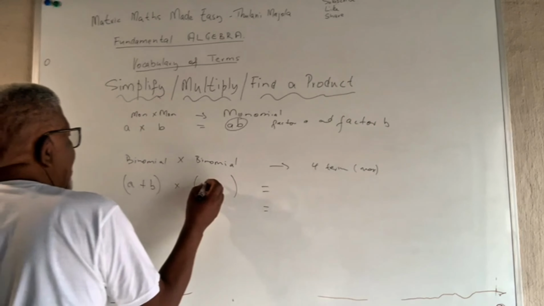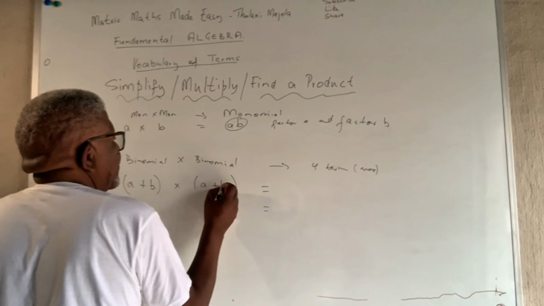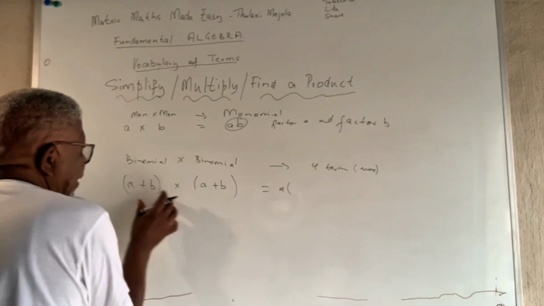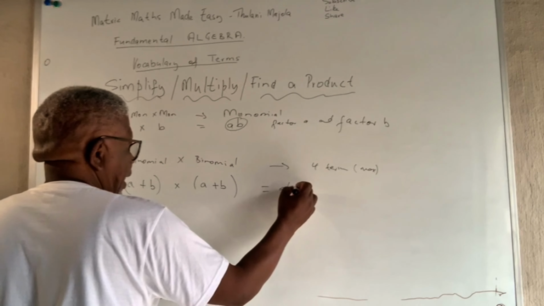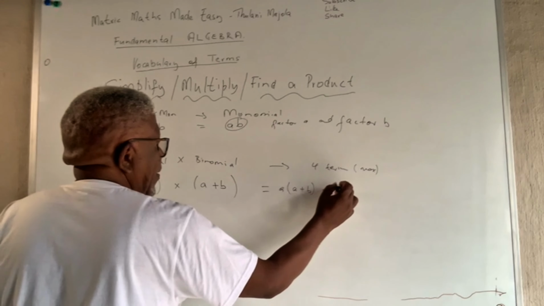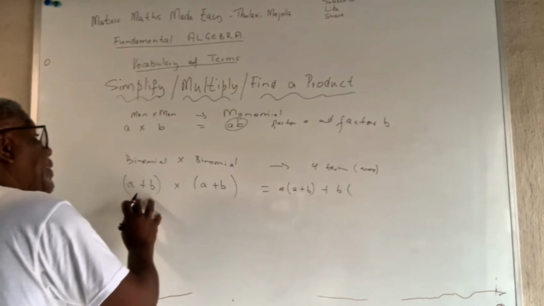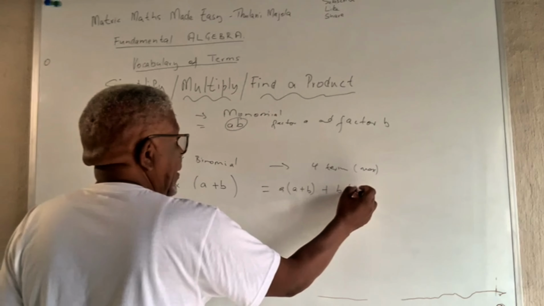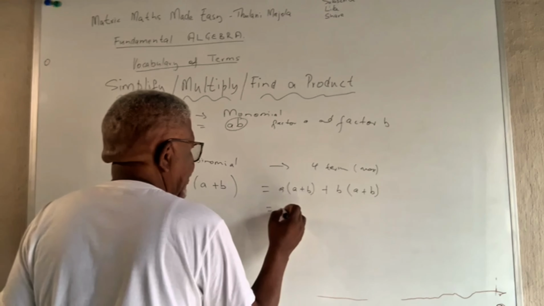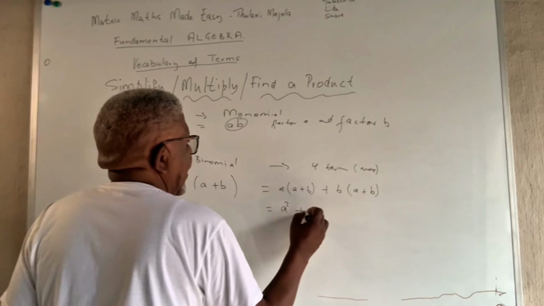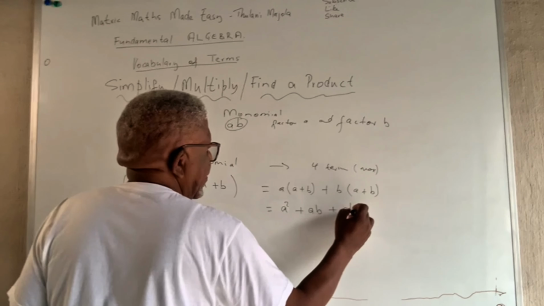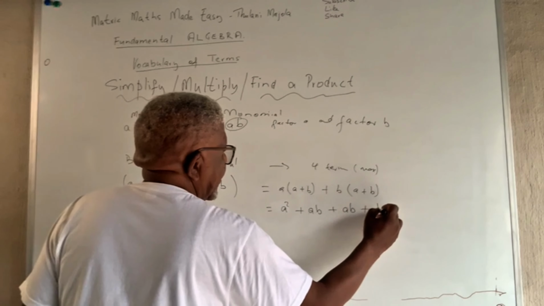Here multiply A plus B by A plus B. So you get A in the first binomial times A plus B of the second binomial, plus B of the first binomial, because each term here must multiply each term there, B times A plus B. So A times A gets A squared plus AB, plus B times A gets AB, plus B times B, B squared.